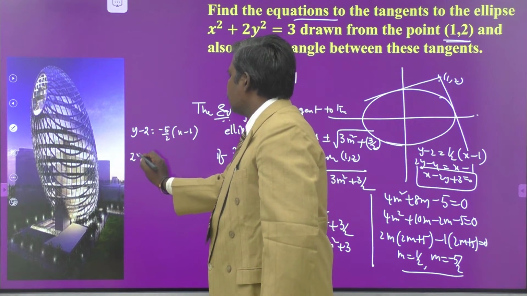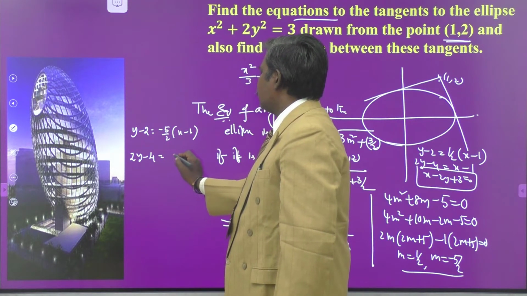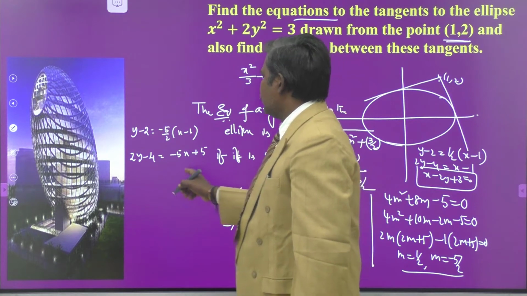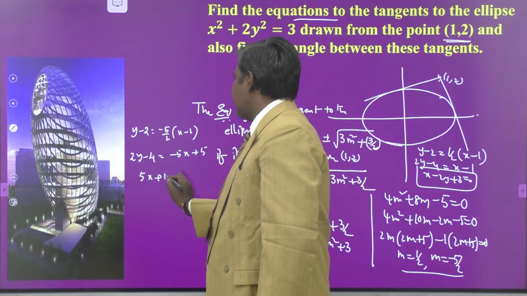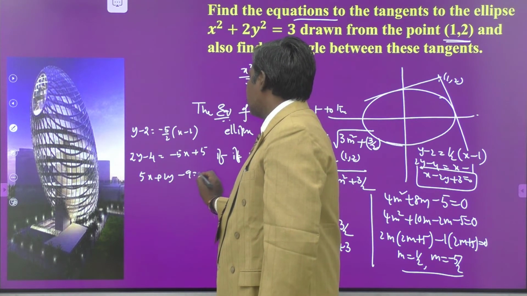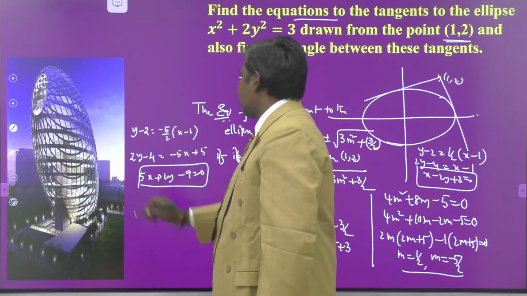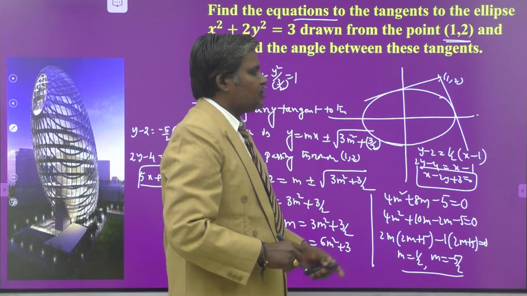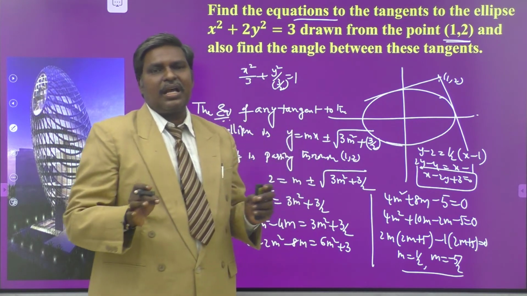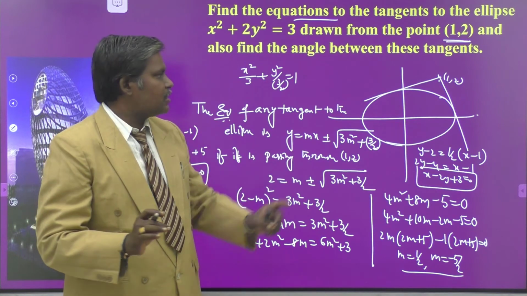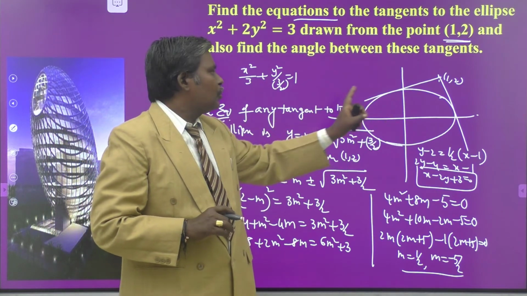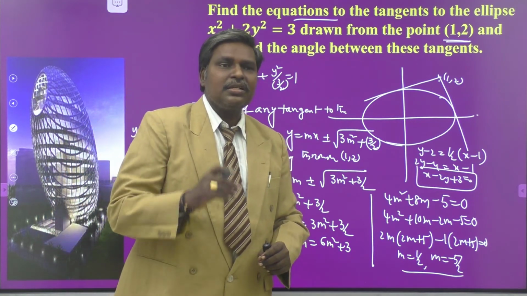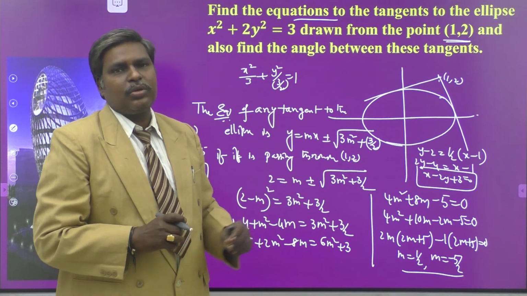So 2y − 4 = −5x + 5, so 5x + 2y − 9 = 0 is the other equation, and x − 2y + 3 = 0 is the first. These are the equations of tangents through my point (1, 2) to the ellipse. This is the way to find the equation of tangents through a point which is outside your ellipse.